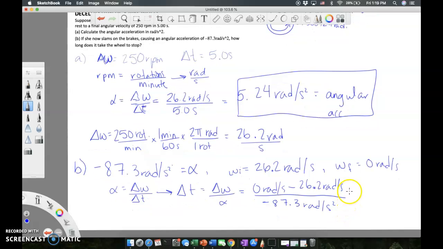If you plug that into your calculator, negative 26.2 over negative 87.3.